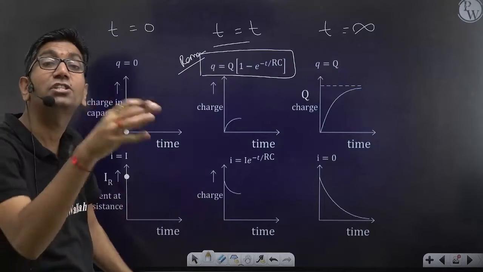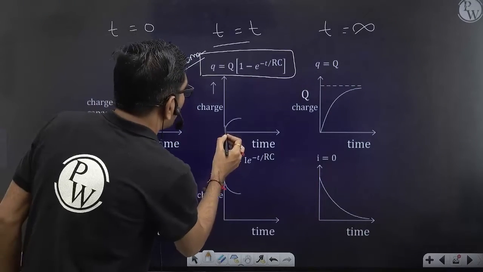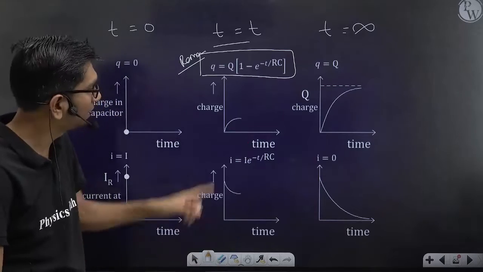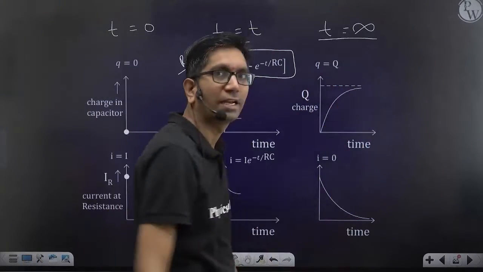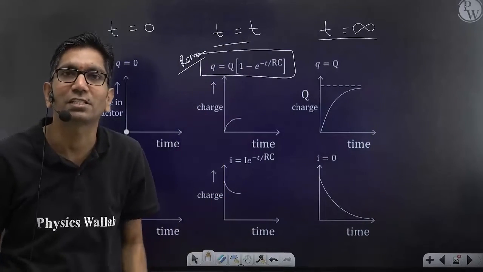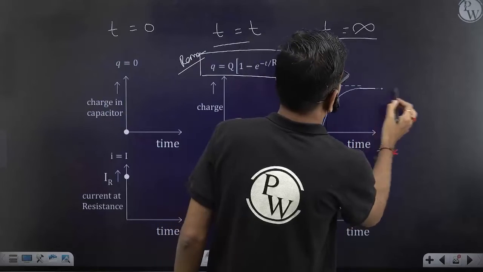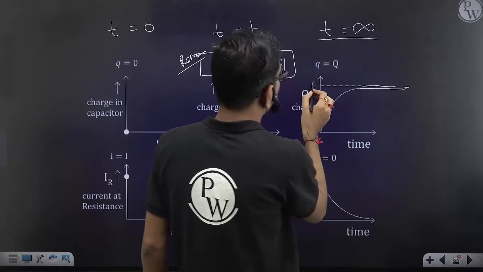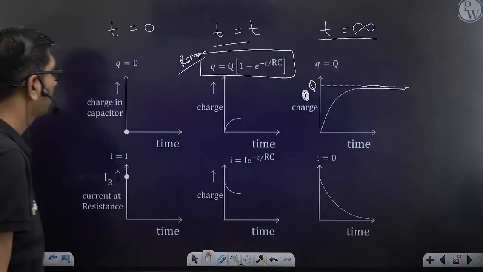Small q is the instantaneous charge, at that instant. Slowly the charge is increasing. At time t equal to infinite, the charge inside the capacitor is completely full. Is it clear?